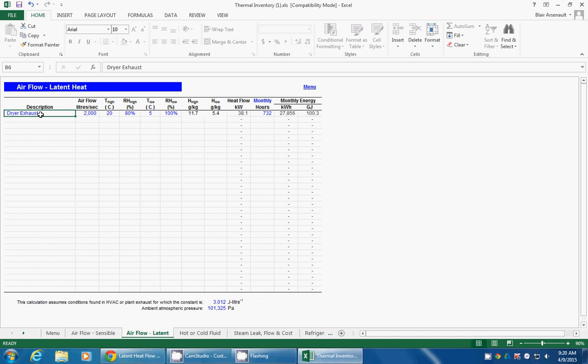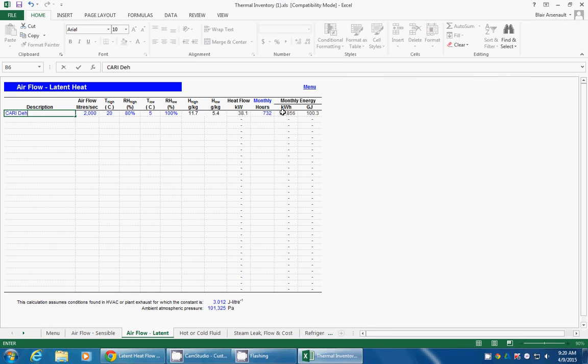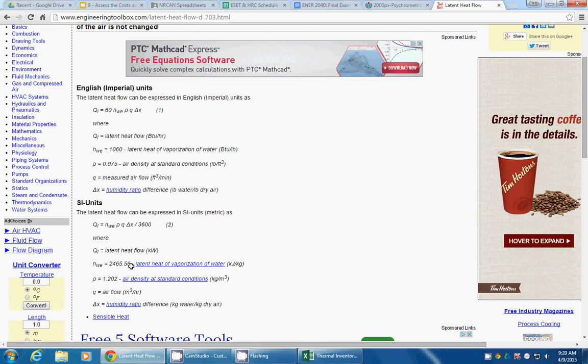What did you ask us to do? Open latent heat? If you want, you can use this engineering toolbox and get this formula. But at the same time, if we look at this formula and come across here to this number, I just wanted to prove that this formula here is this formula.